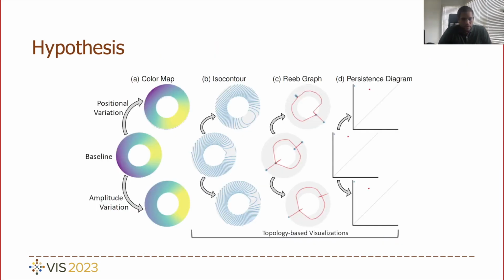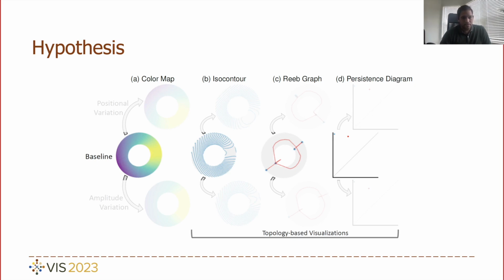Now, we use this 1D torus synthetic example for formulation of our hypothesis. The baseline visualizes the Gaussian on a single torus using 4 different visualization types.